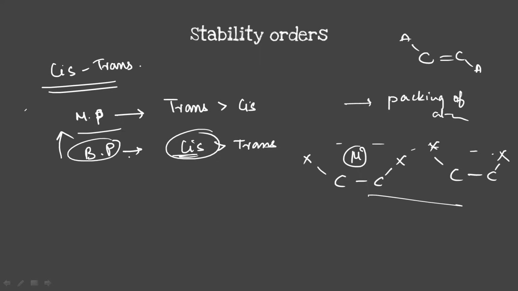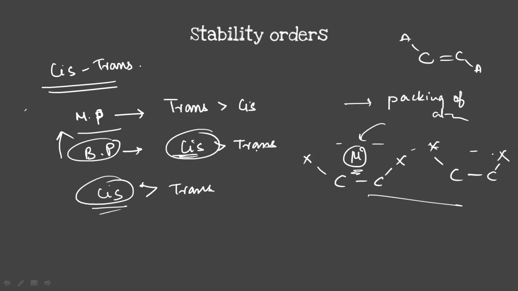Also, cis is more soluble than trans, because cis is a polar compound because of the dipole moment seen here. So cis is soluble in polar solvents, and trans has less solubility.